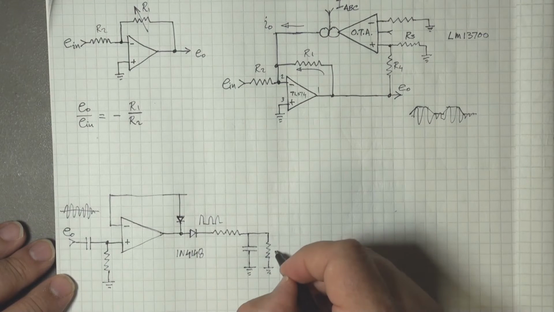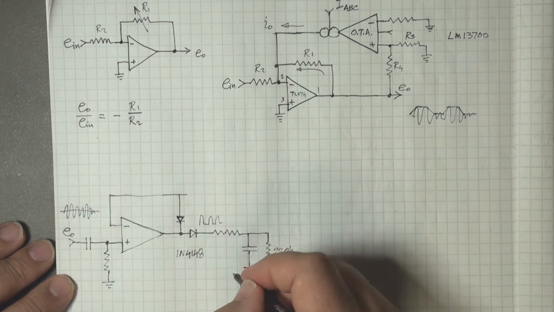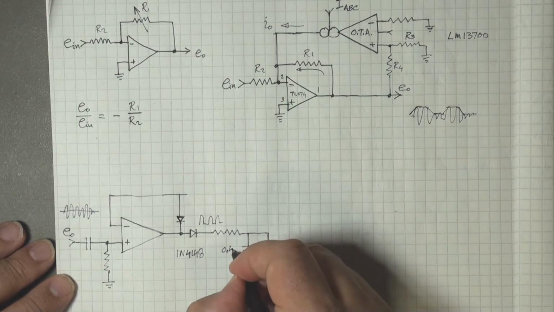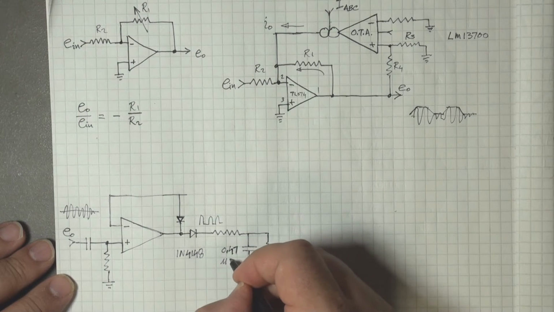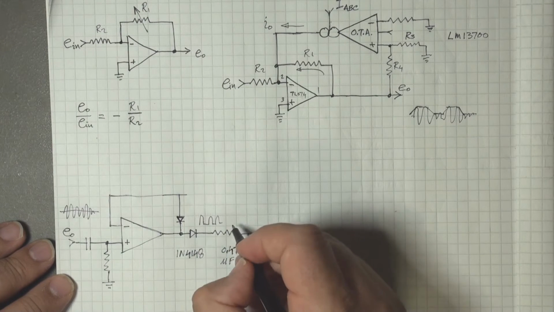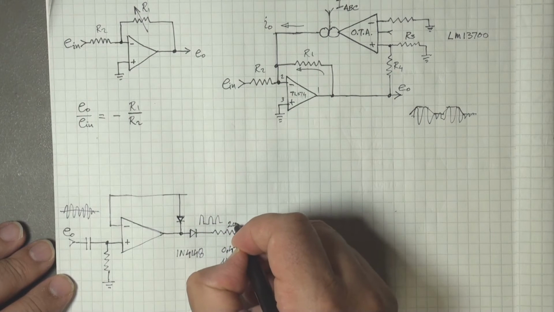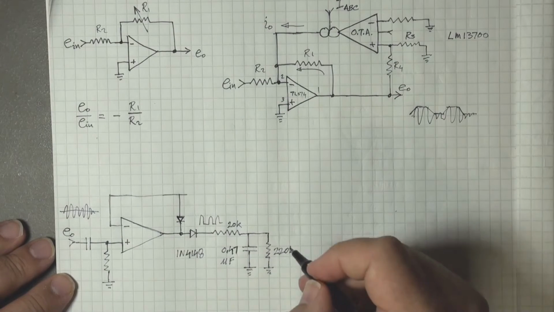I'll give you the values right here. This one's 220K, and the capacitor is 0.47 uF. And this one here is 20K. I've already built this, so I'm just reiterating everything.